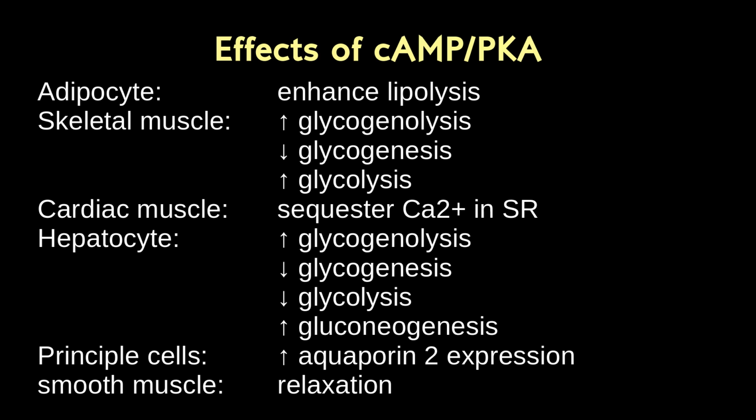So you're actually taking calcium out of the interior of the cell. In hepatocytes, we're also increasing the breakdown of glycogen and decreasing the production of glycogen, but now we're turning down glycolysis, and we're increasing gluconeogenesis, which is the making of new glucose from non-glucose molecules. In principal cells, this is actually in your kidneys, we have aquaporin 2 expression, and then in smooth muscle, we actually have relaxation happening.